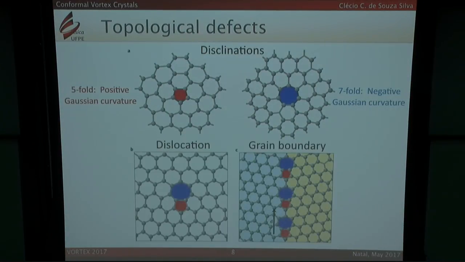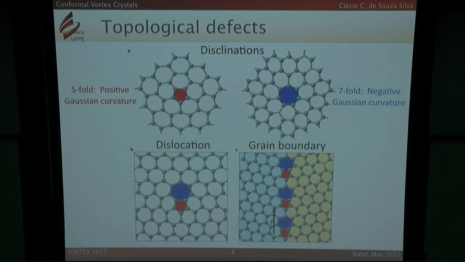Okay, but what do topological defects do? Here you have disclinations. What they do is bend the whole lattice. So this costs a lot of energy in order to fit a pentagon here at this point. And you have the opposite situation where you can fit a heptagon here, and then you have to insert material, let's say.